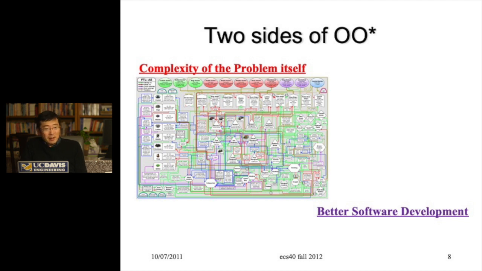But the problem is that sometimes the problem is so complicated, you don't even know what it is, and then you don't know where to start. And therefore, whatever object-oriented modeling you're doing is really not solving the real problem. So this leads to the issue of the complexity of the problem itself.